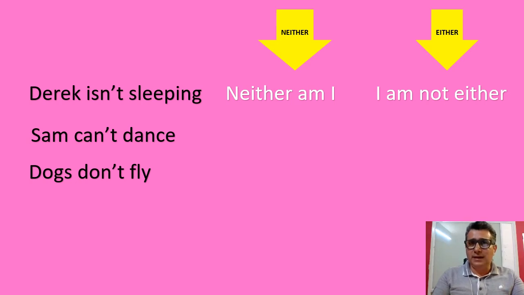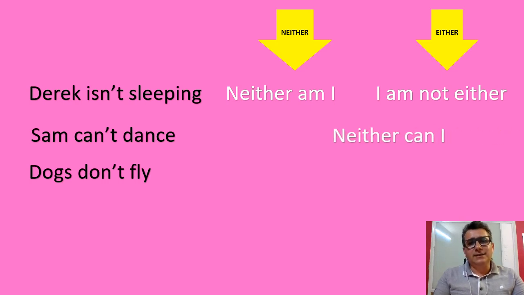Both forms are okay. Which one are you going to use? The one that you like. You can say neither am I, or you can say neither am I. You can say I'm not either, and also you can say I'm not either. Both are okay.